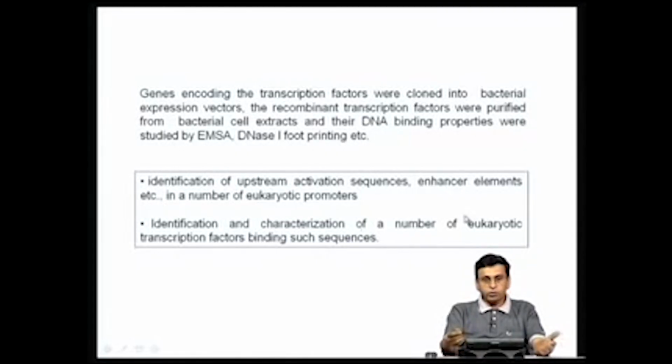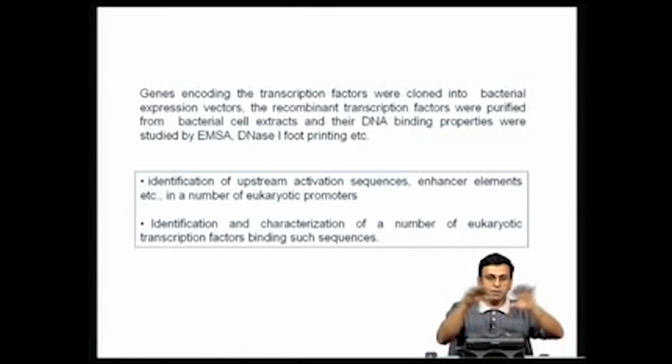Okay. So suppose I want to study a particular promoter, I can make deletions, put it in front of a reporter gene, and test them in cell lines, or I can put it in front of a G-free cassette and assay them in a cell-free system. I can also use techniques like EMSA and DNase footprinting and see what kind of protein factors are binding to these promoter elements.